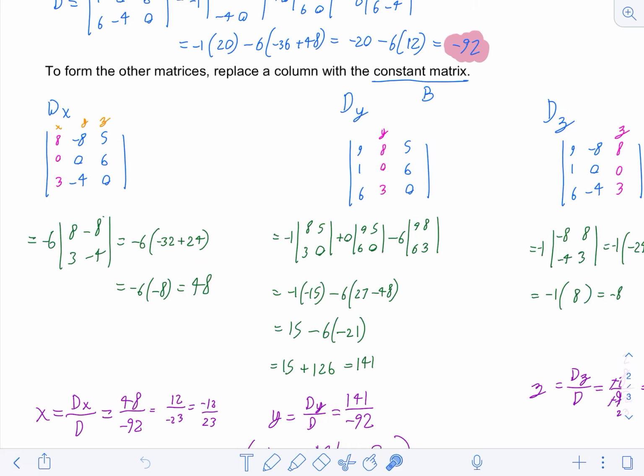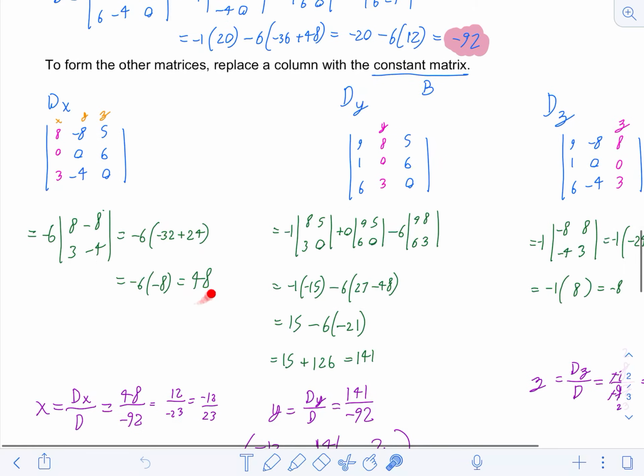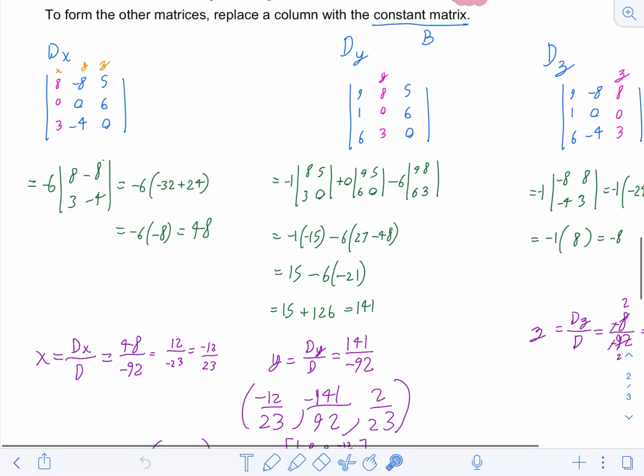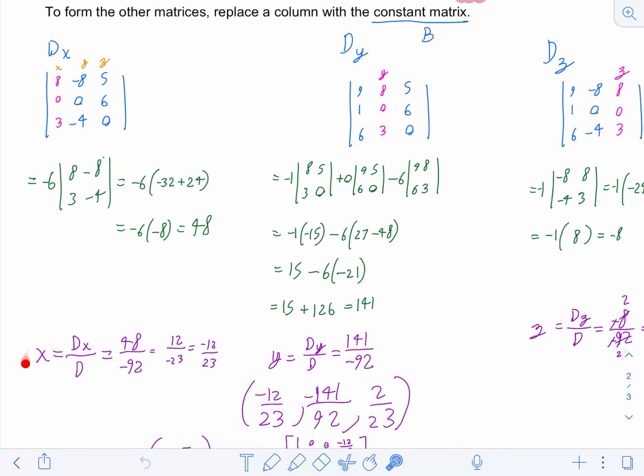And that number helps you to get the value of x. Specifically, you take this number and you divide it by the determinant of the original matrix A, you'll get the value of x. And it turns out that x is 12/23.